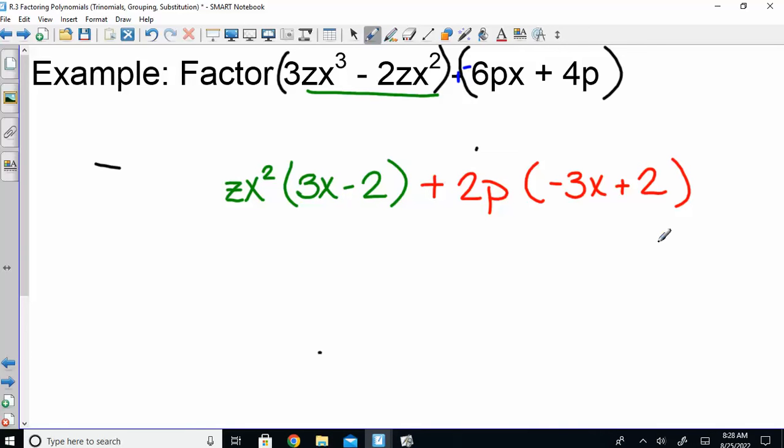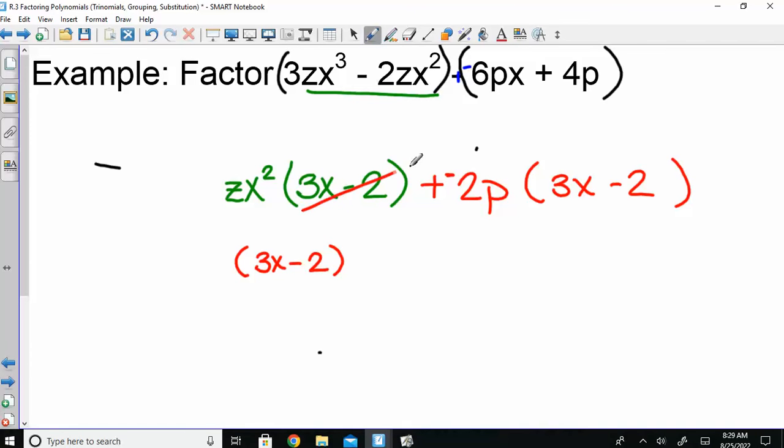Okay, do these match? No. Grouping only works if they match, but there's an easy fix. Instead of taking out +2, let's take out -2. So if I make this a negative, then that would be a +3x minus 2, and then they match.